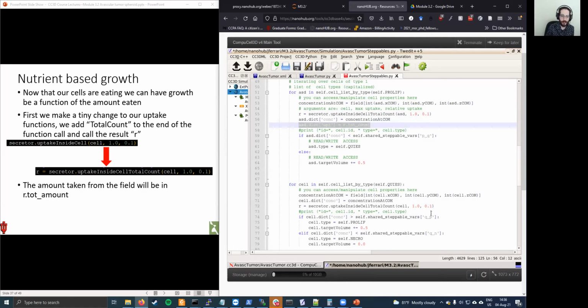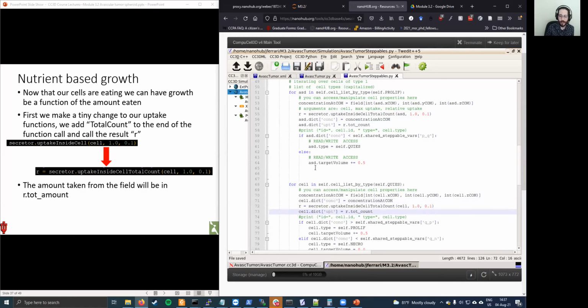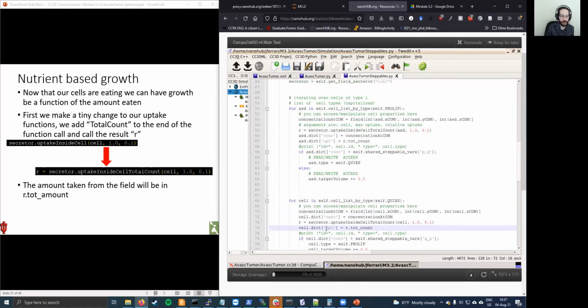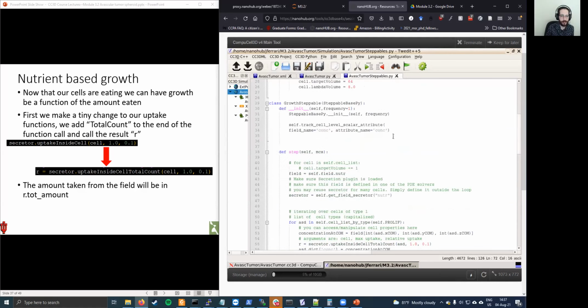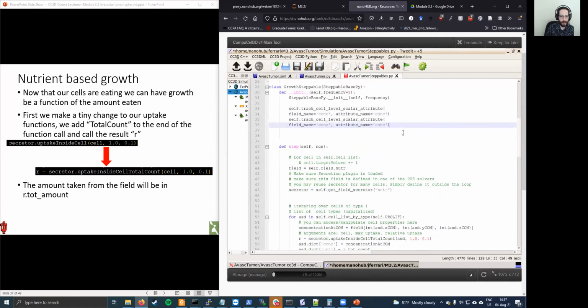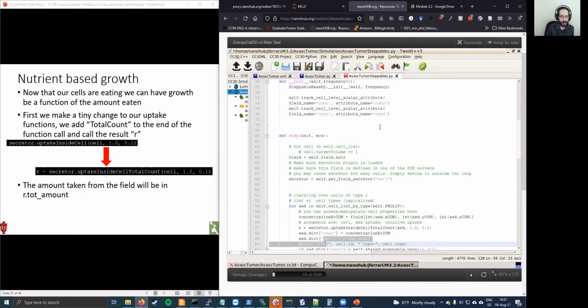And same thing down here. And then to actually have CompuCell track this, just need to copy this command and tell it to search for upt.